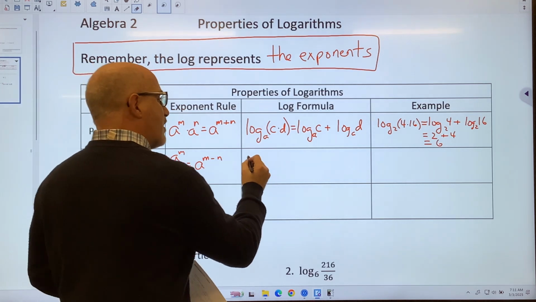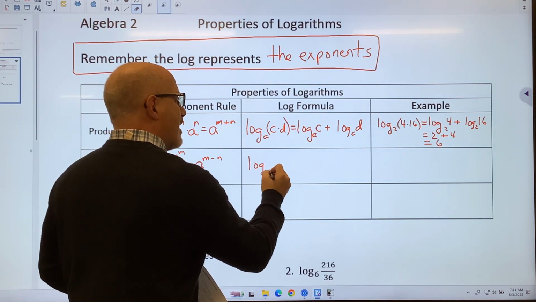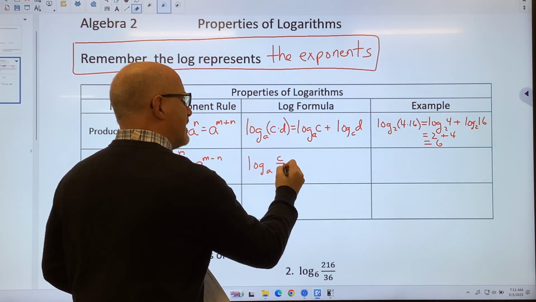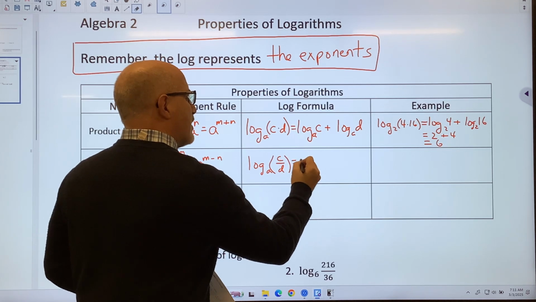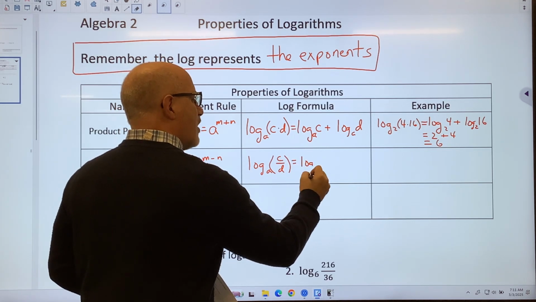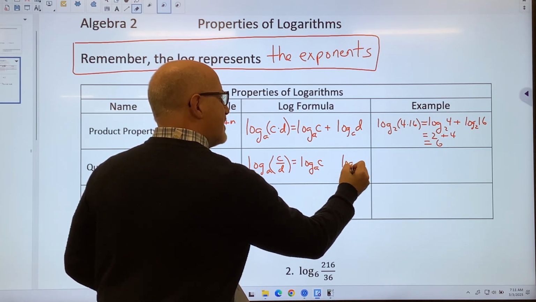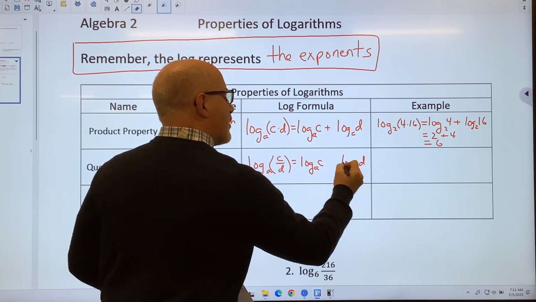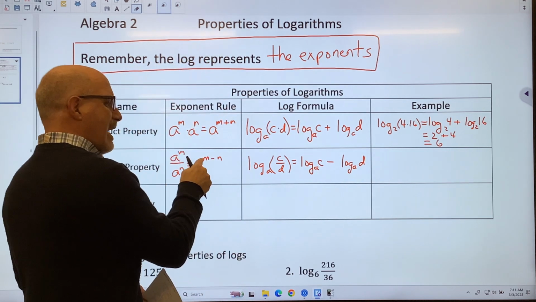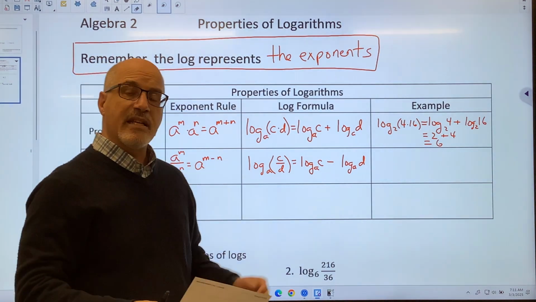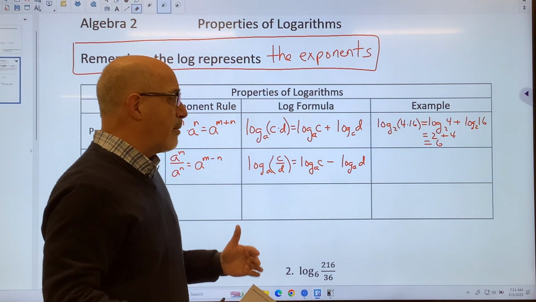If I take the log base a of c divided by d, what I'm going to do is take each of those logs, log base a of c and log base a of d, and I'm going to subtract them because the exponents are being subtracted in the original exponent property.